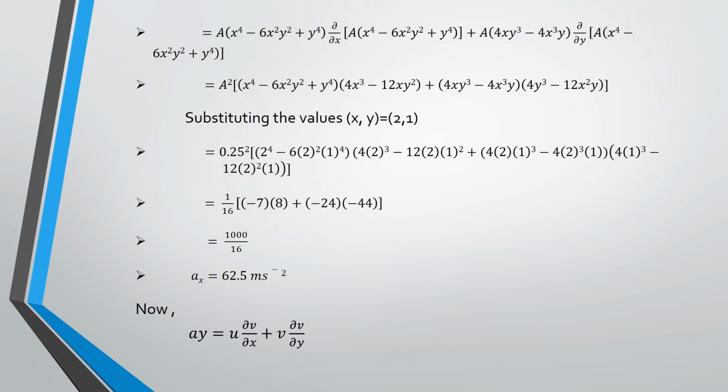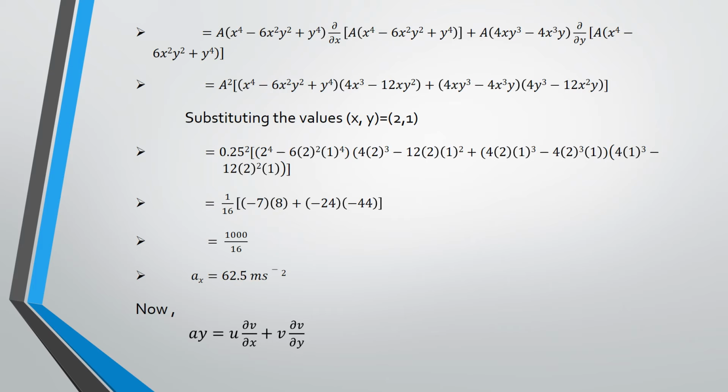By solving those equations, we get a square into (x power 4 minus 6x square y square plus y power 4) into (4x cube minus 12x y square) plus (4x y cube minus 4x cube y) into (4y cube minus 12x square y).